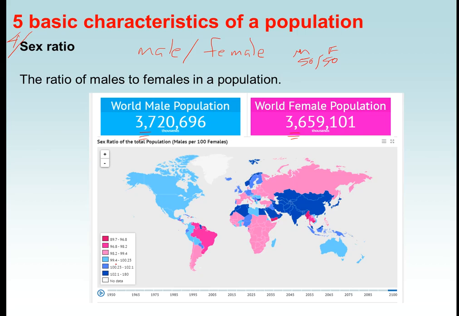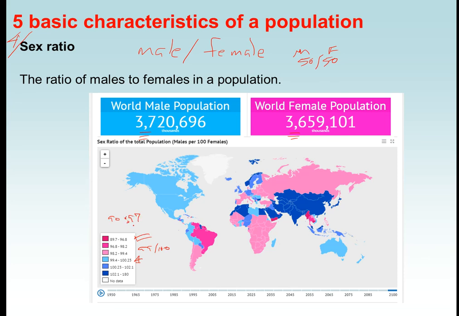If you look at this graphic in the United States, that's roughly true. You have 99.4 males to every 100 females, so roughly 99 to 100. That's a pretty even distribution. But if you look at, let's say, Brazil, you've got many more females than males. That's a 90 to 97 ratio.